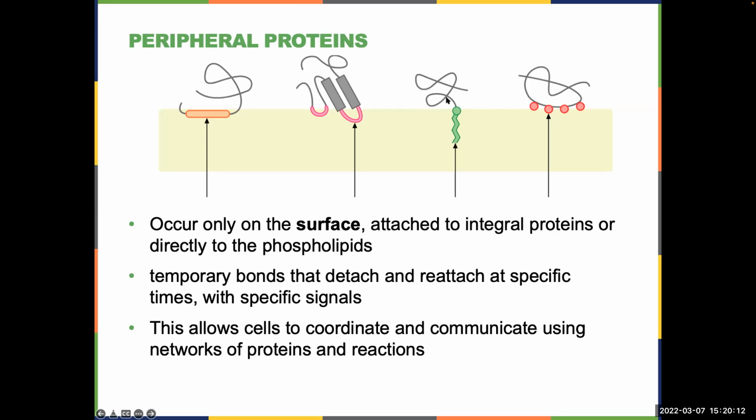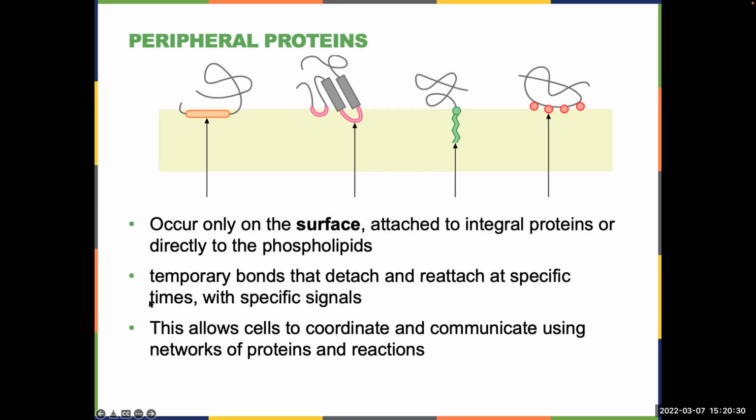But that's okay. We're not going to worry about getting too detailed. We just want to know peripheral proteins occur only on the surface. They're either attached to integral proteins or they're attached directly to the phospholipid heads.